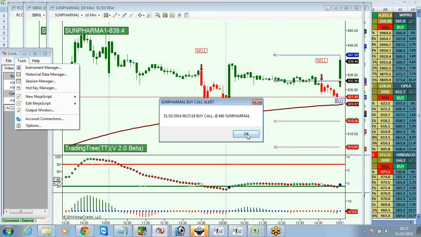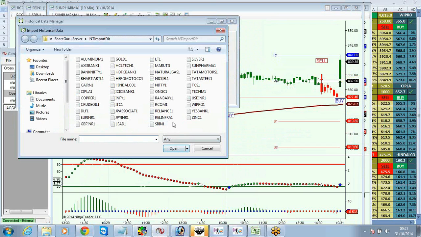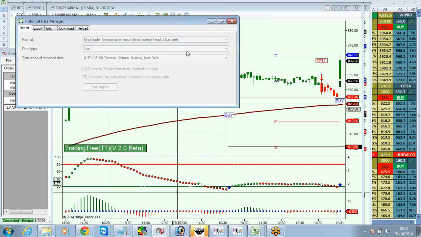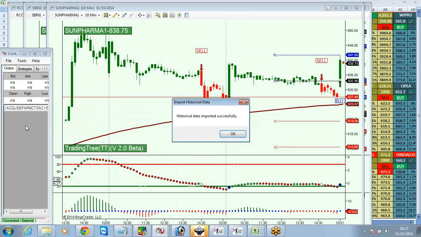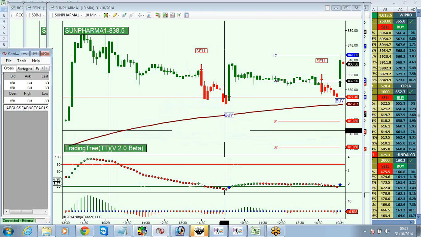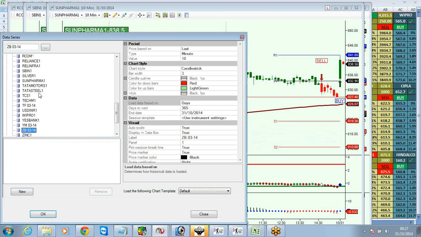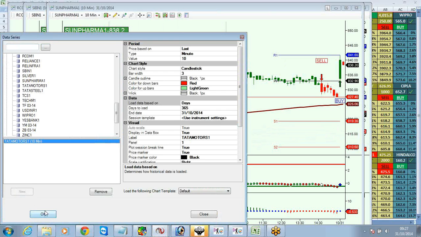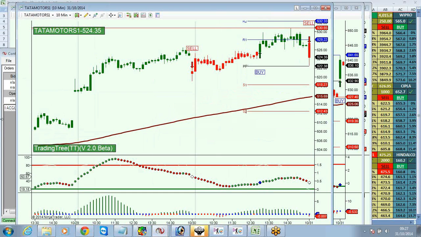There is a buy call in Sun Pharma 1. So Hindalco we have a sell call. There is a sell call in the ADANIPOWER tier 1.